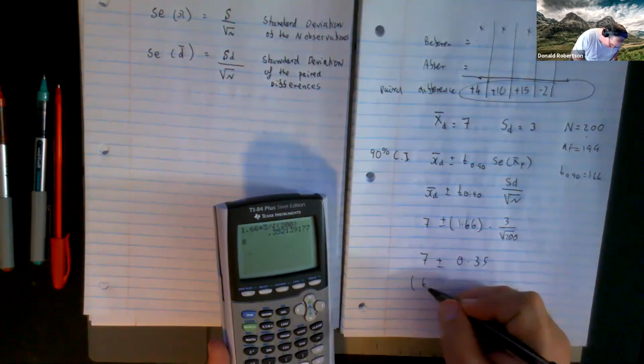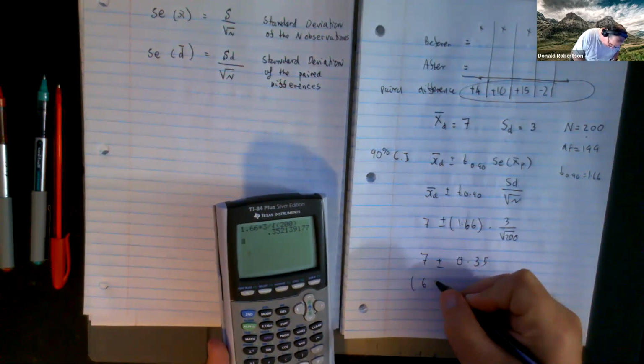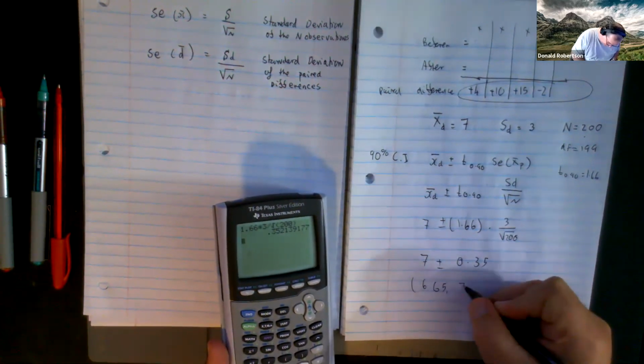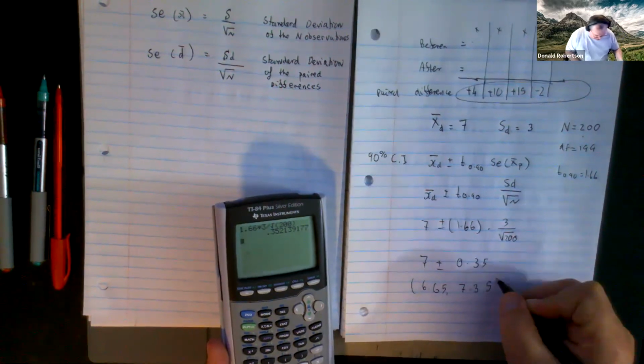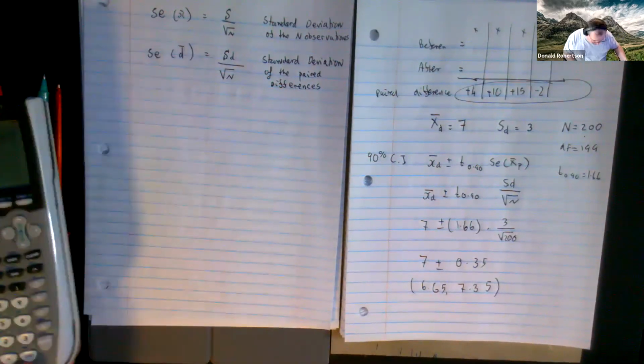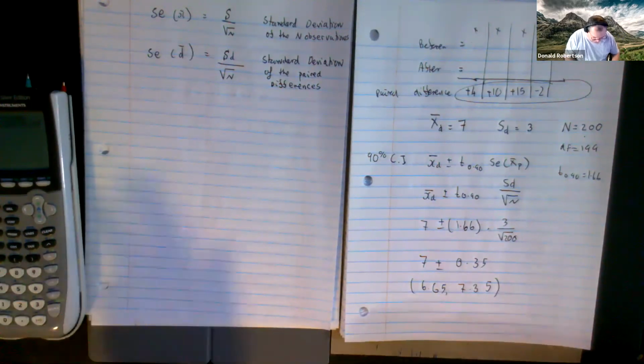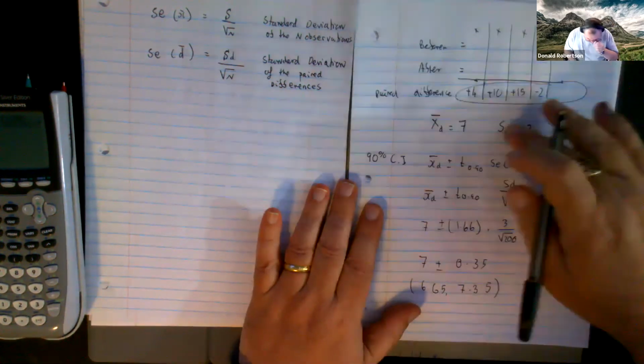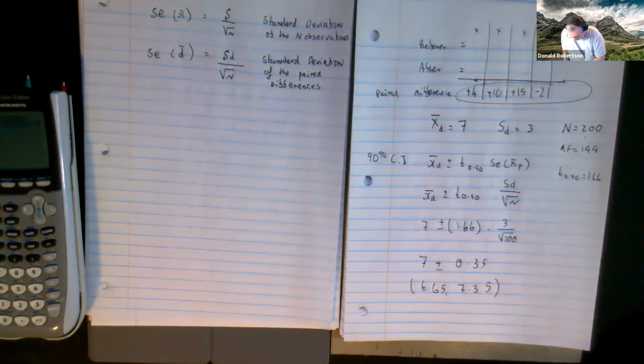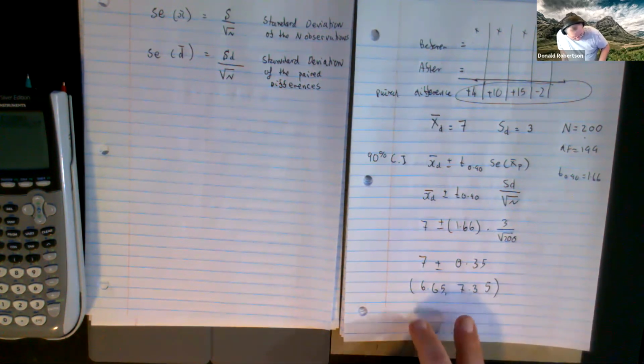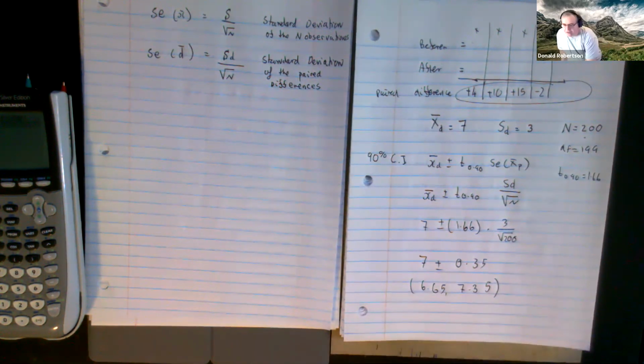So 6.65 to 7.35. So if the experiment was done fairly, unbiased, a random sample and all that good stuff, you could say that people using this pill to help them diet will, somewhere on average, lose between 6 and 7 pounds.